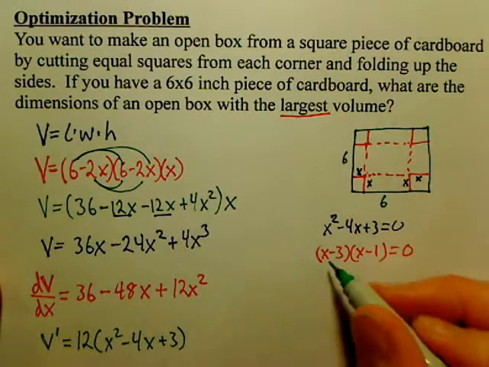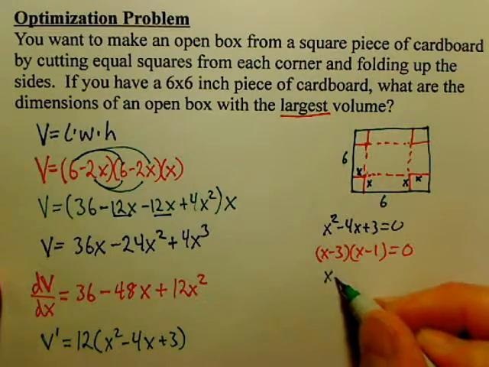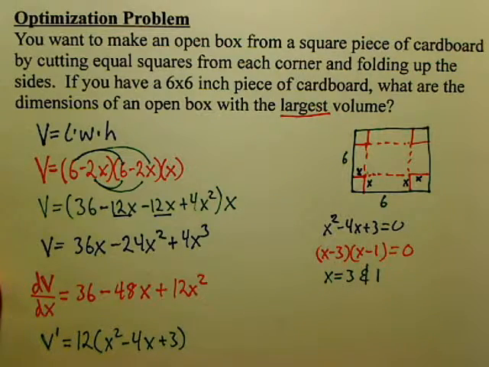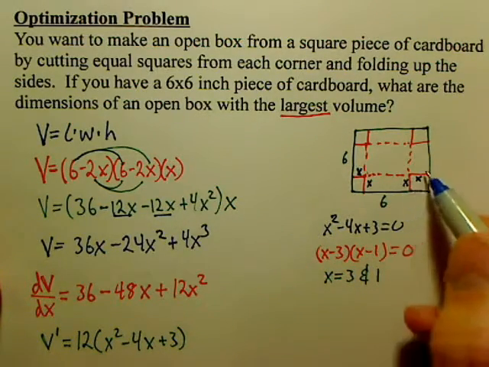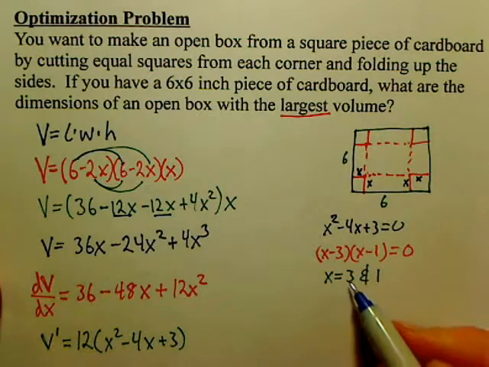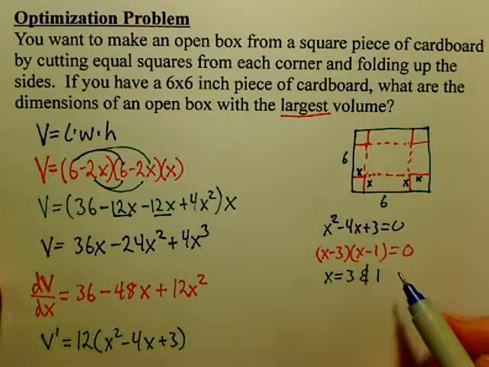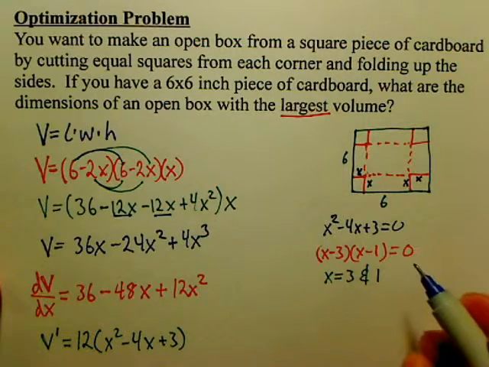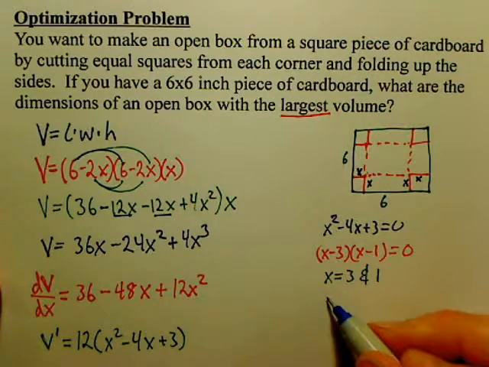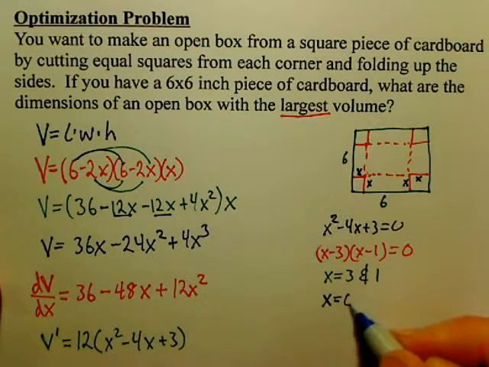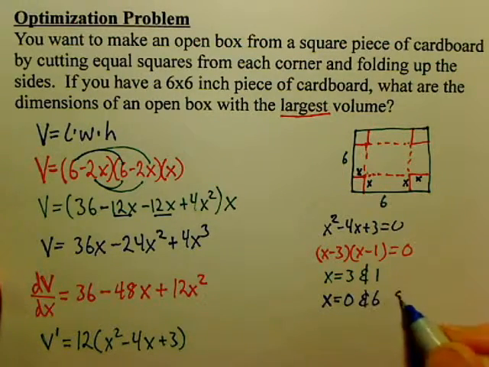When you solve each of these, you get x equals 3 and 1. So these little pieces I'm cutting out, remember that's x, are either 3 or 1, or the edges. Remember, absolute maximum means you want to check edges. So I could also possibly check the edges, x equals 0 and 6.